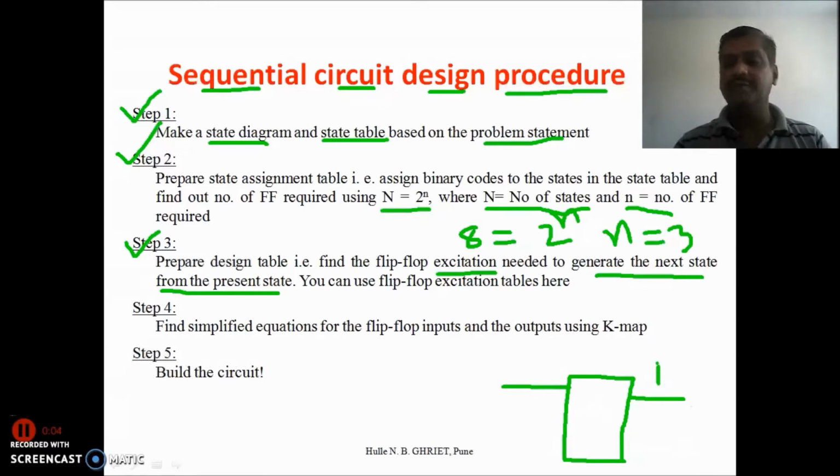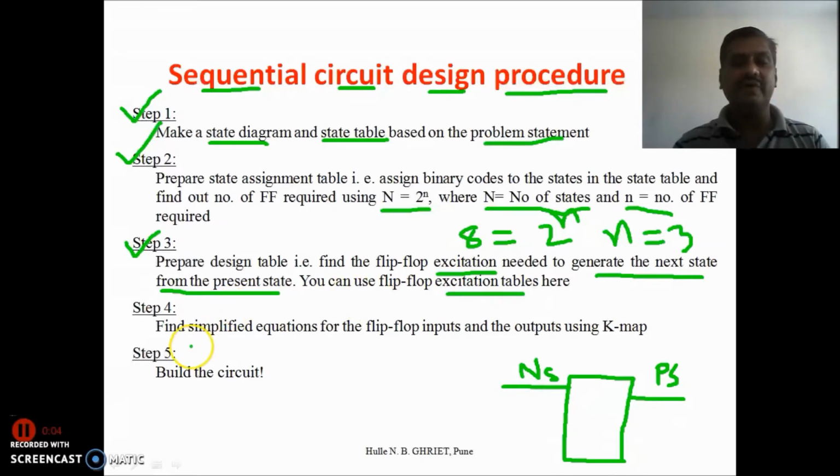The output of the memory element or flip-flop is known as the present state of the machine, and the input applied is always known as the next state. Means we have to find the next state, that is the input to the flip-flop, from the present state, that is the output of the memory element. For this we have to use the excitation table.